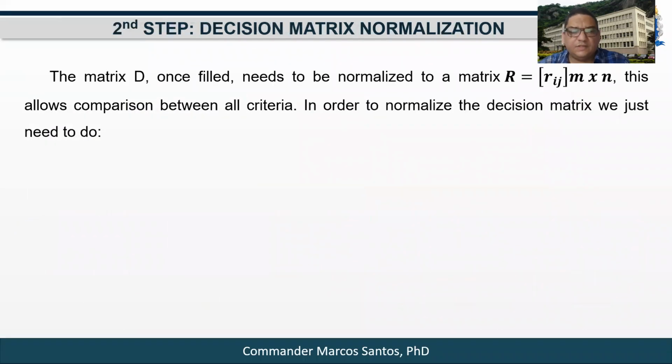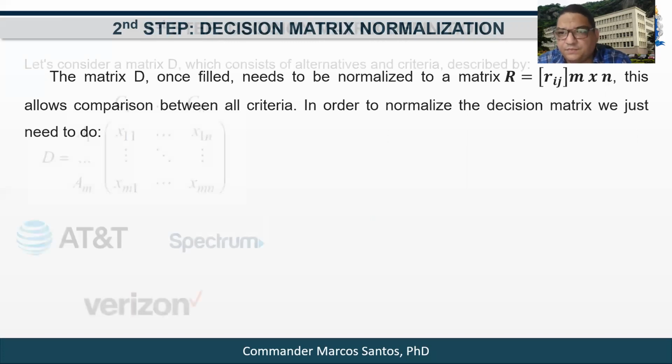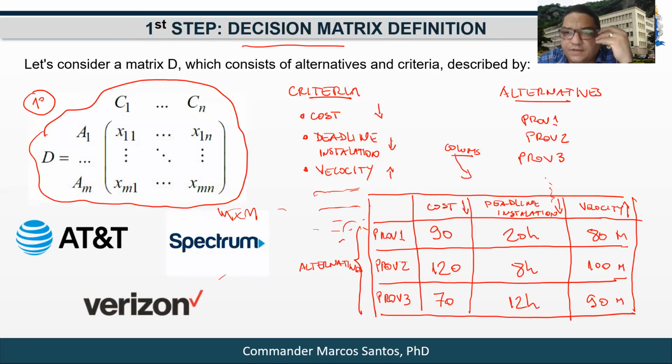So matrix D, once filled, needs to be normalized to a matrix R. This allows comparison between all criteria, because I can't compare different units. If you watch this matrix, you can see I can't compare cost with deadline installation and velocity.